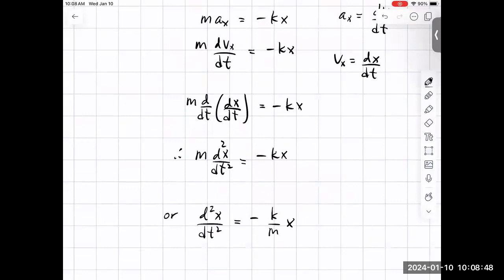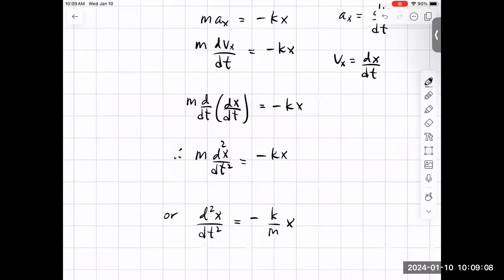And so the goal here is to see, can I figure out some function of time that we're going to use for x, where after taking two derivatives of that function, I get that same function of x back, but with a minus sign.